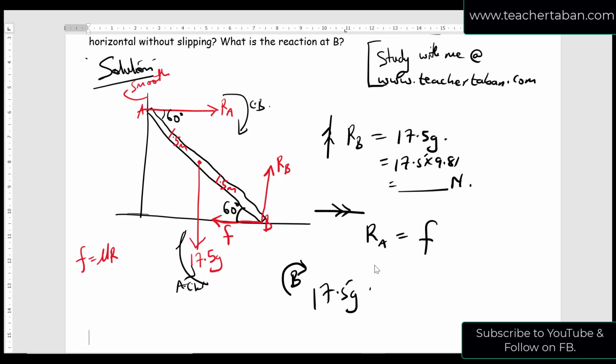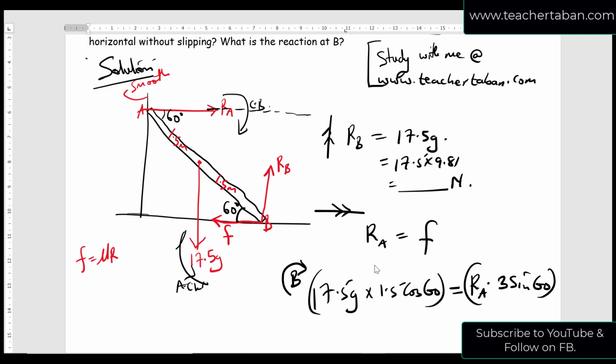So we shall be having 17.5 g times 1.5 cos 60 being equal to RA times 3 sin 60. In other words, this one is going in this direction like this, and the perpendicular distance from this point B up to this point here.